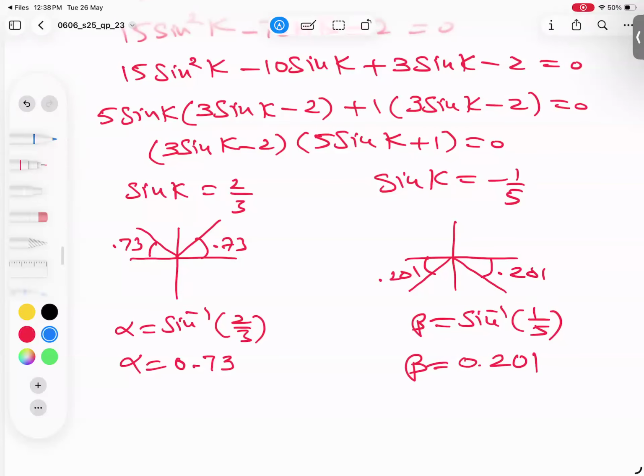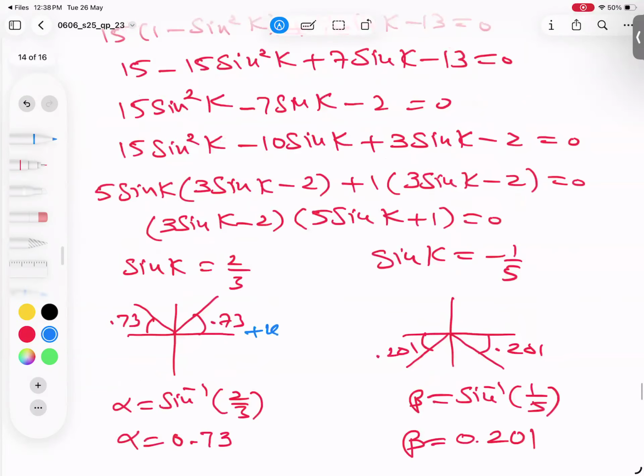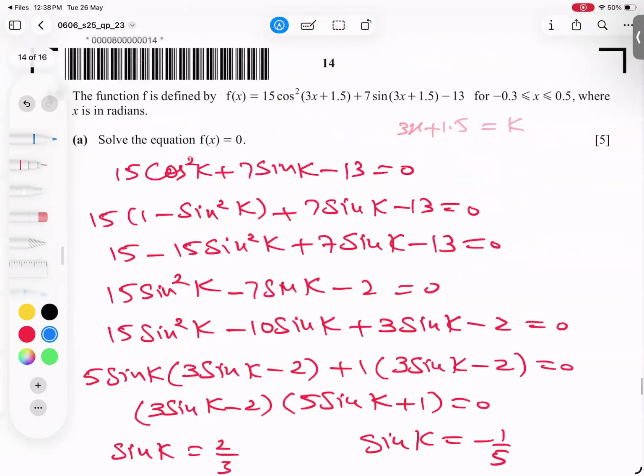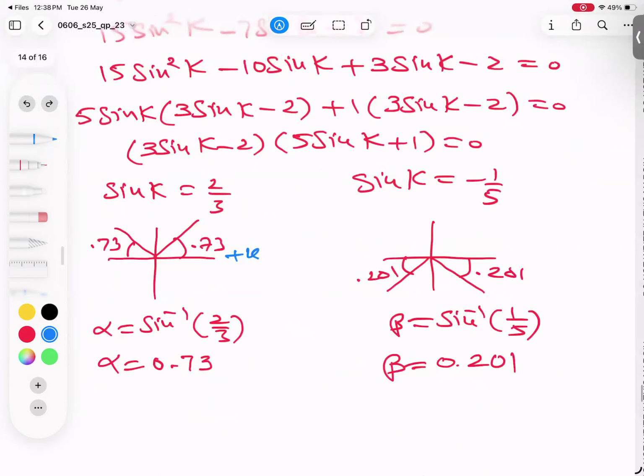And what is the rule of measurement, students? Start from the positive x-axis, but keep your eye on this one. Anti-clockwise is positive and clockwise is negative. That is why you have to keep your eye on it, and we have to go two ways. First of all, I'm going anti-clockwise.